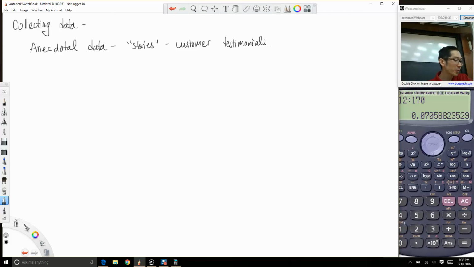I don't want to discredit the facts of any of these stories, okay? We're not saying that these things didn't happen. It's just from a statistical standpoint, we cannot perform an analysis on anecdotal data, okay? So I'm not saying that anecdotal data is useless. It's just from a statistical standpoint, we cannot perform an analysis, okay?